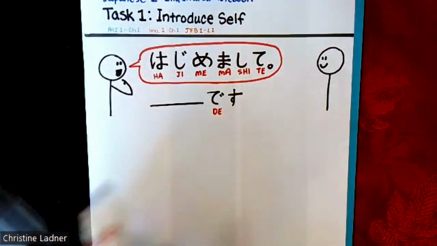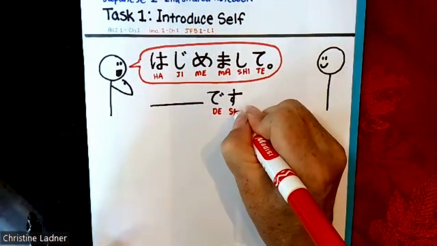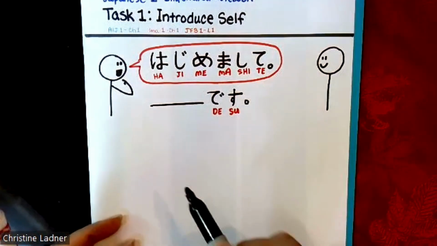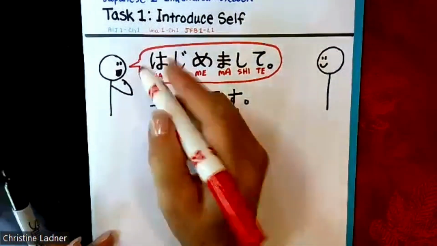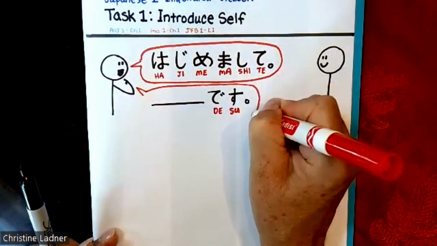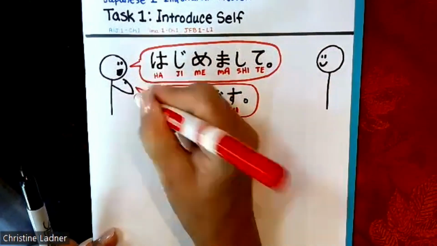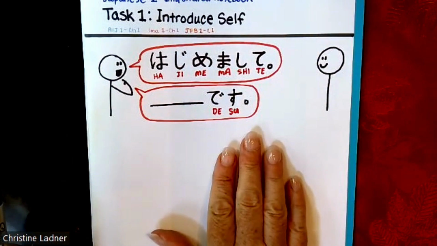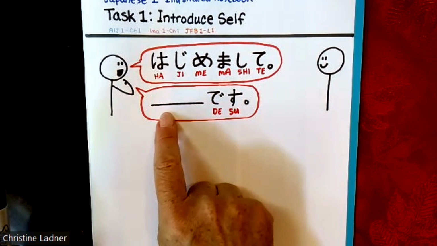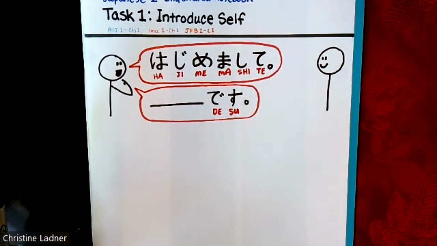Su. And the Japanese period is a circle. Hajimemashite, so-and-so desu. Now here I would stop and learn how to write your name in Japanese characters and then put the pronunciation underneath.